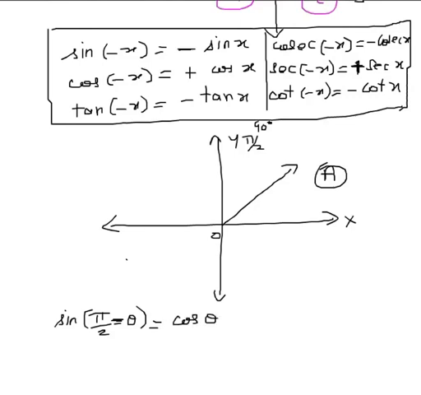And we change the ratio. Sine will become cos, cos will become sine. Cos pi by 2 minus theta becomes sine theta. And tan pi by 2 minus theta becomes cot theta.